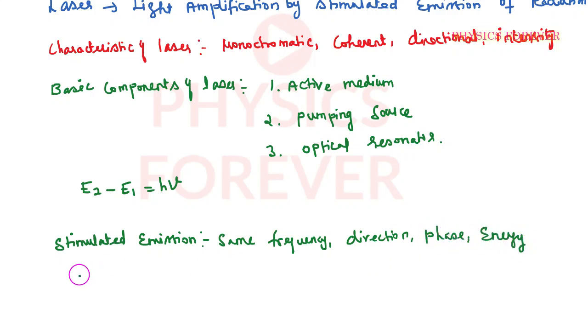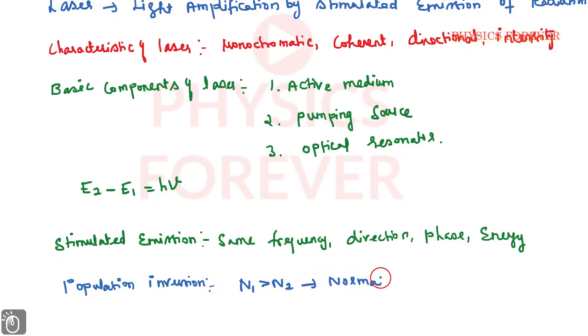Okay, next population inversion, most important. So normally the atoms in the ground state, that is N1 is greater than N2. N1 is greater than N2 for normal.